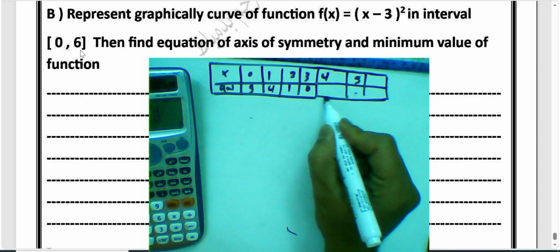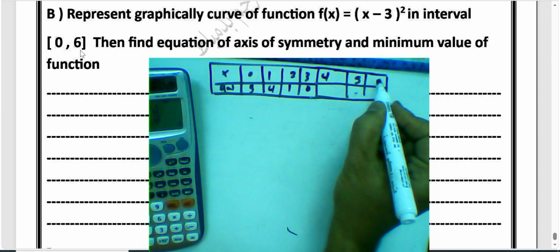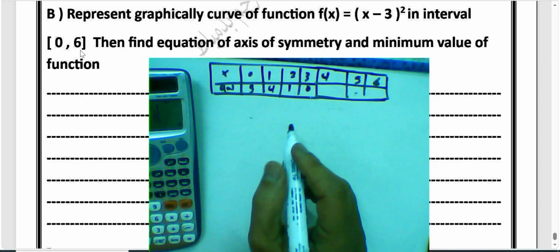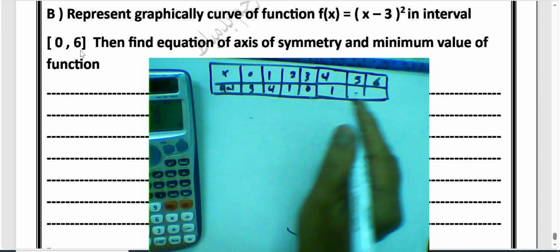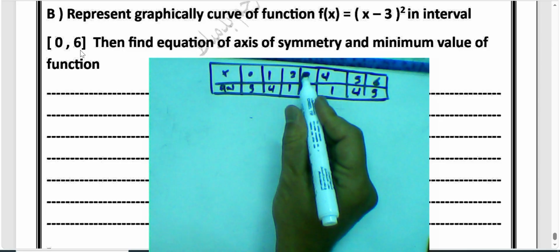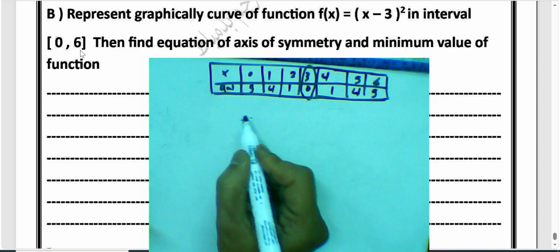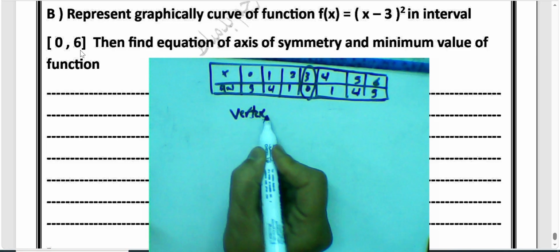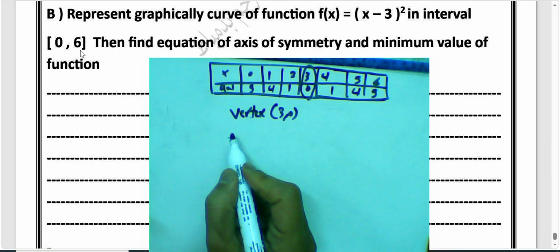We have a table from 0 to 6. 4 with 1, and 5 with 4, and the last one 9. Then 3 and 0 here is the vertex. The vertex will be (3, 0).